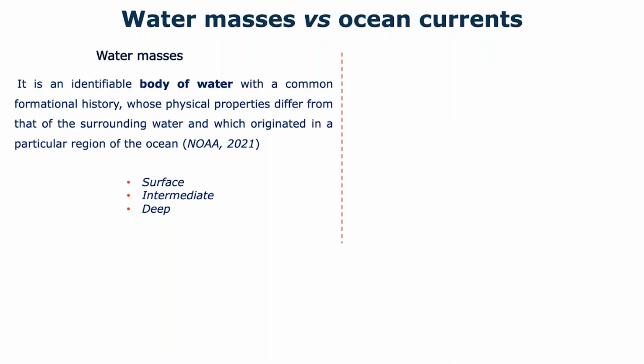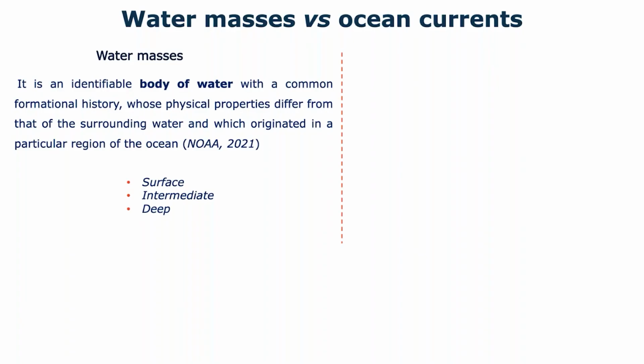But there is something interesting that we don't consider much of the time: we normally speak about water masses and currents, and we don't really differentiate these two types. A water mass is a body of water defined by physical properties.